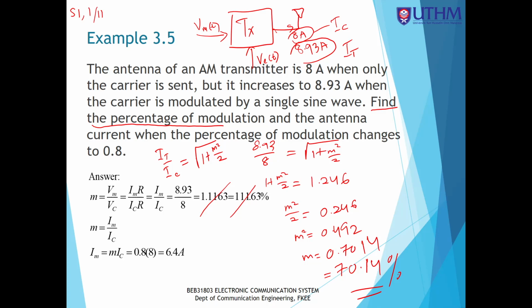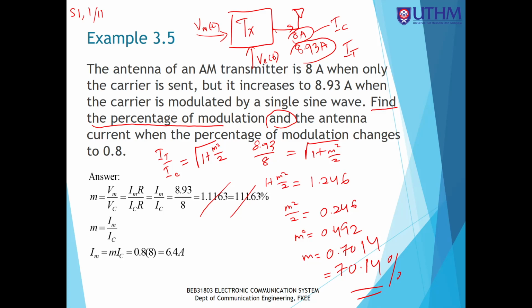Okay, what's next? The next question, because there are two questions here. The next question asks, find the current supplied to the antenna when the percentage of modulation changes to 0.8.